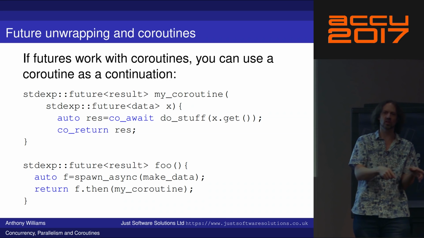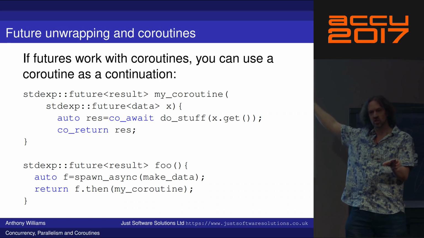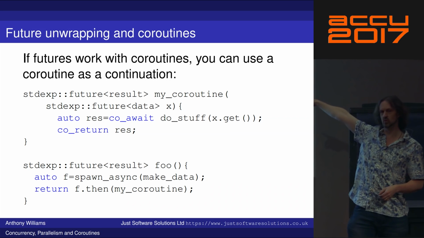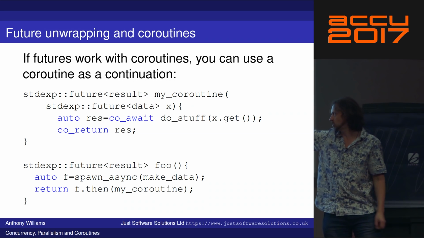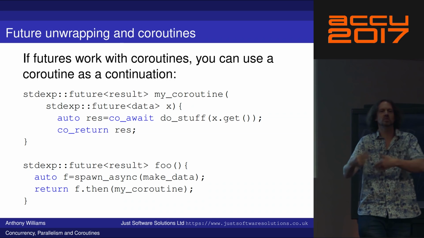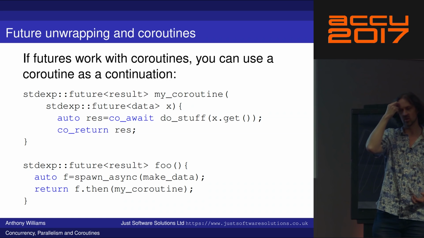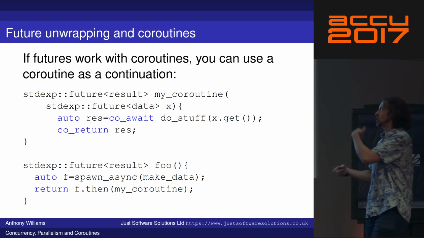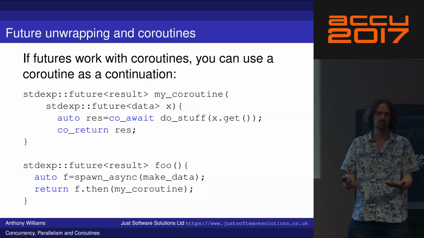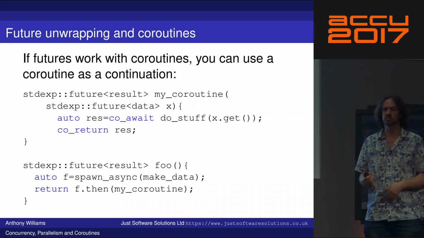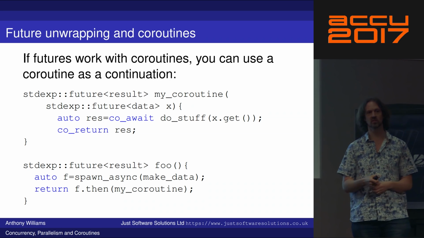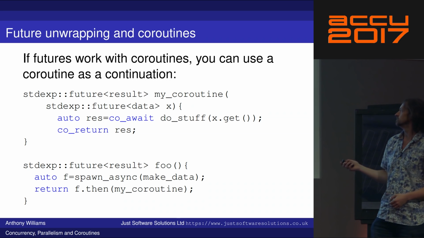Instead, you get essentially the same future that is returned by your continuation. So if your continuation in this case returns a future of a result, then the then call at the bottom returns a future of result. So it automatically unwraps that extra layer that there would otherwise be. And so that works really well with coroutines, because your coroutines inherently return futures, because they have to return something that's waitable later.